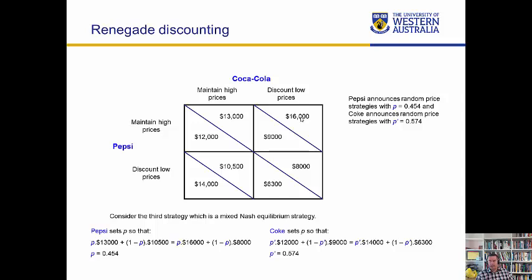So by following these equations, we can work out the optimal times that they should spend at high and low prices so that they can enjoy the benefits of low prices but not over discount, causing a price war.